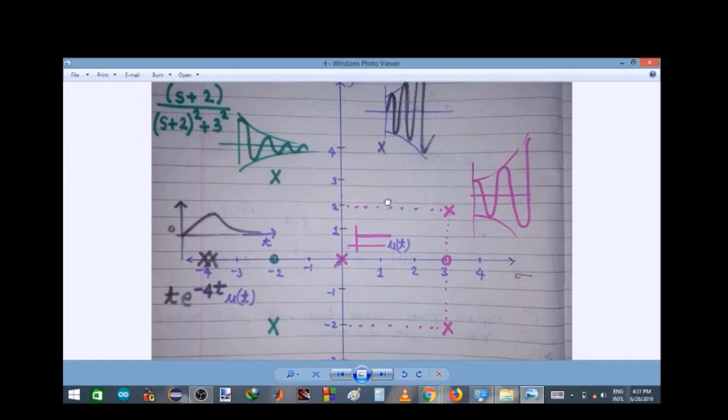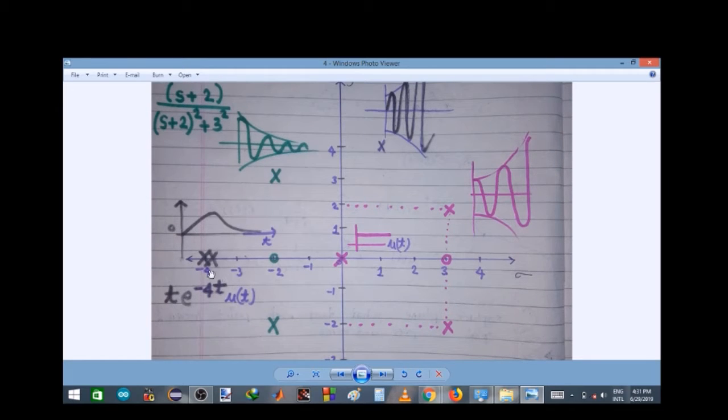Next thing. Now what happens when there are two poles on the x-axis? What about if there are two poles at minus 4? So it is something like 1 divided by s plus 4 square, isn't it?